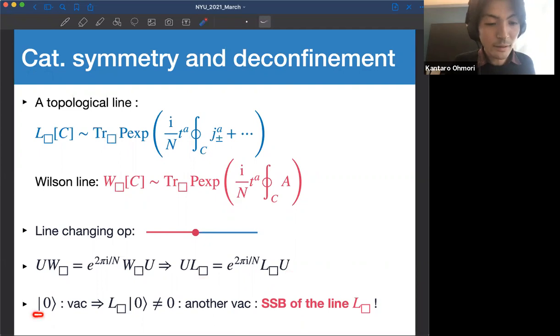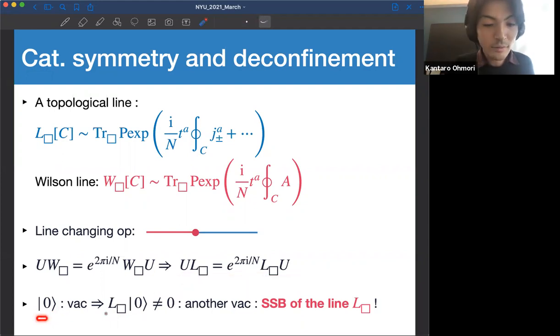So if we bring some vacuum, and consider this action of L sigma on the vacuum, then we can show that this is non-zero, and this one has a different eigenvalue under U than this 0 one because of this commutation relation.